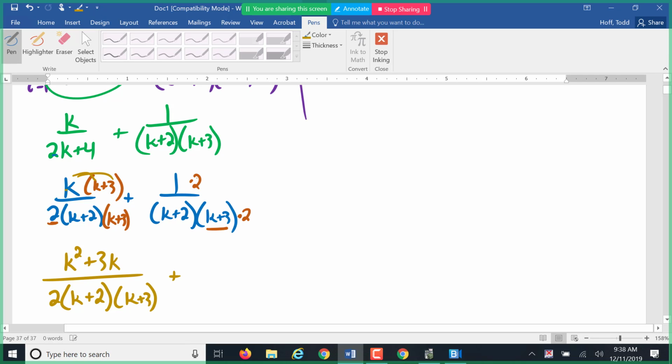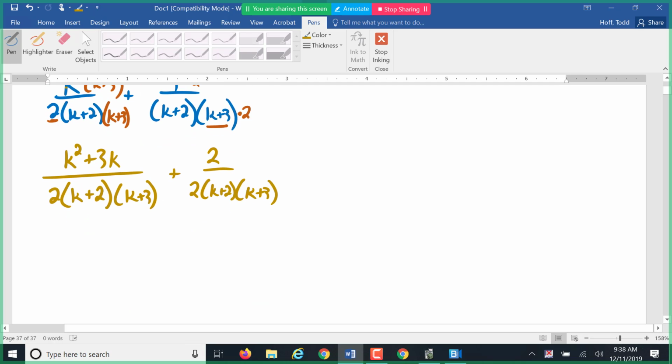Plus, over here it'll be 2. 1 times 2 is 2 over 2 times k plus 2, k plus 3. And so those add right together. The k squared plus 3k plus 2 over our common denominator 2 times k plus 2, k plus 3.